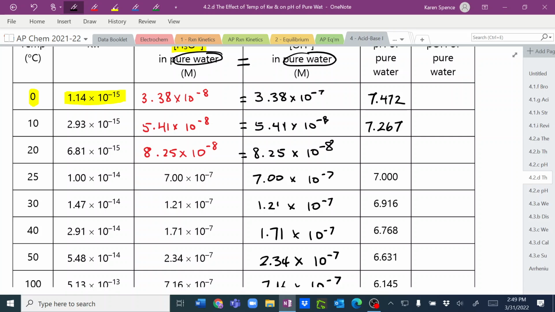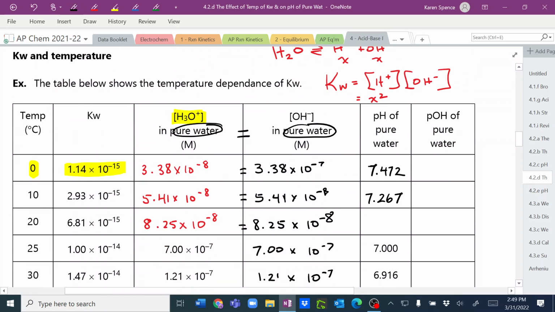Yes? Because what has happened to our equilibrium? Our Kw is smaller. If our Kw is smaller, what does that tell you about that equilibrium? Compared to 25 degrees Celsius, I got a smaller number here.